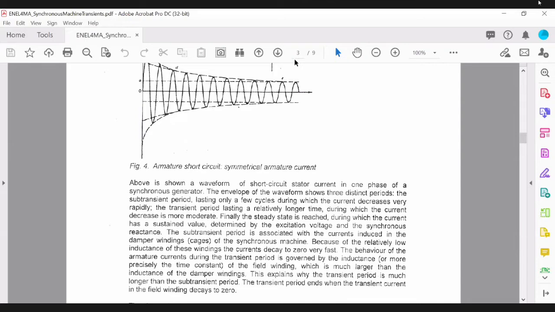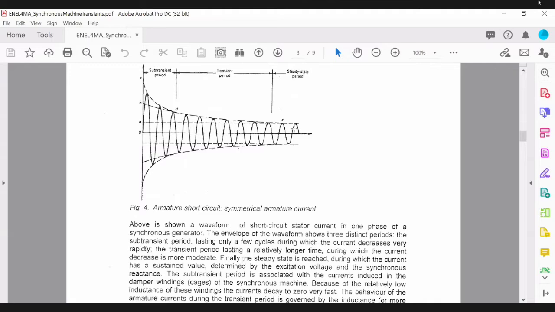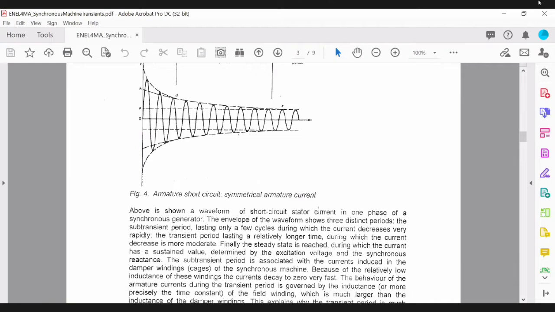So when your machine is operating in the steady state, the amplitude of your armature current is determined by what we call the synchronous reactance of the machine. So the synchronous reactance of the machine will determine this value of A here, that is the amplitude of the stator current at steady state.